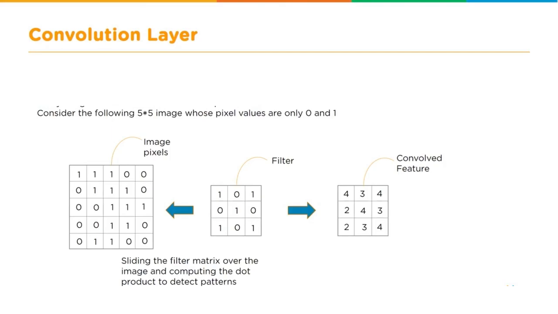So we're sliding the filter matrix over the image and computing the dot product to detect the patterns. Right here, you're going to ask, where does this filter come from? This is a bit confusing, because the filter is going to be derived later on. We build the filters when we program or train our model. So you don't need to worry what the filter actually is.